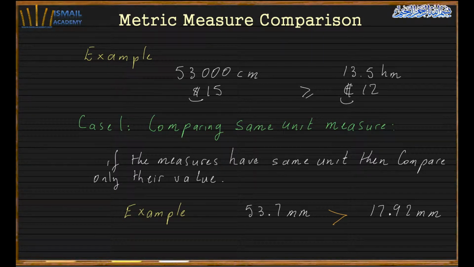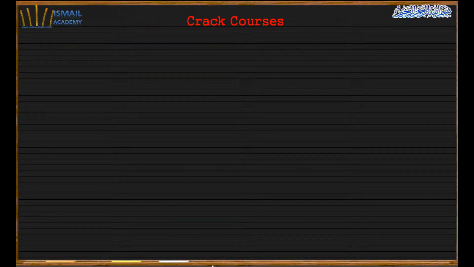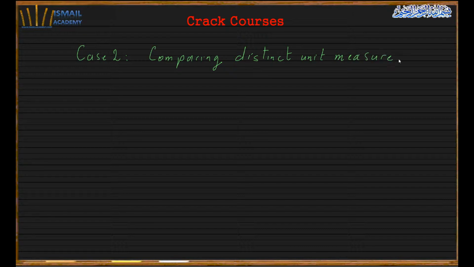For case 2, we can talk about when the unit measures are not the same. So case 2, comparing distinct unit measure. In this case, we're going to do it in 2 steps.